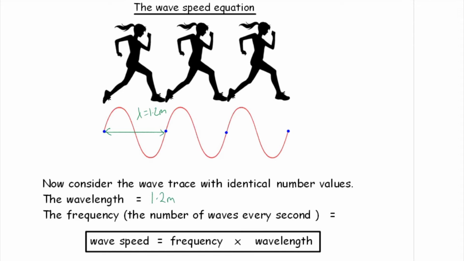The frequency is the number of waves produced per second. And that's 3 in this case. 3, and we use the units hertz, H-E-R-T-Z.